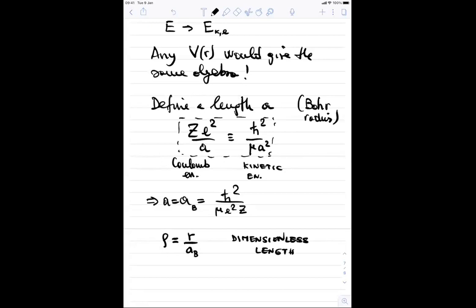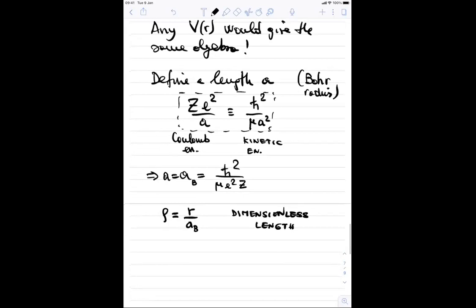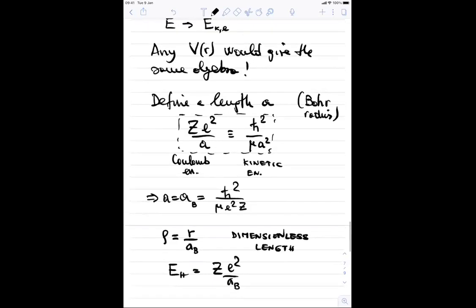I could define all dimensionless quantities. In particular, notice the typical energy associated to the Bohr radius. Let me call it EH, so Z e squared divided by the Bohr radius. It doesn't matter which one you take. You see, for the Bohr radius, these two things are exactly the same.